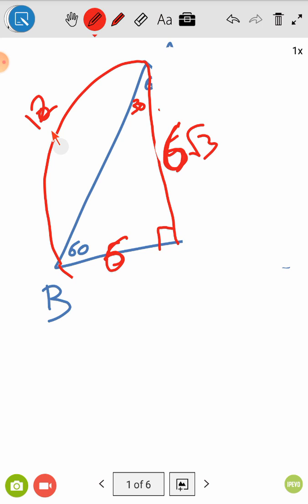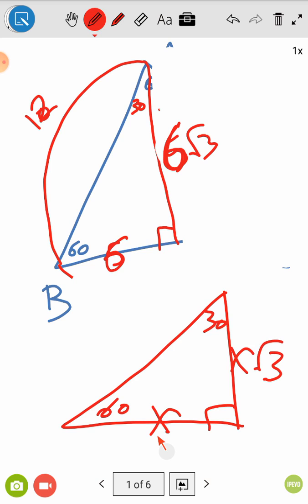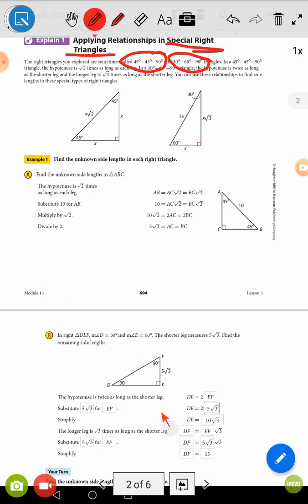So in general, that is 30, that's 60. That side opposite to 30, if that side is x, that will be x root 3, and that will be 2x. And that is our second special right triangle. Here, if that one is x, that will be x root 3, and that will be 2x.